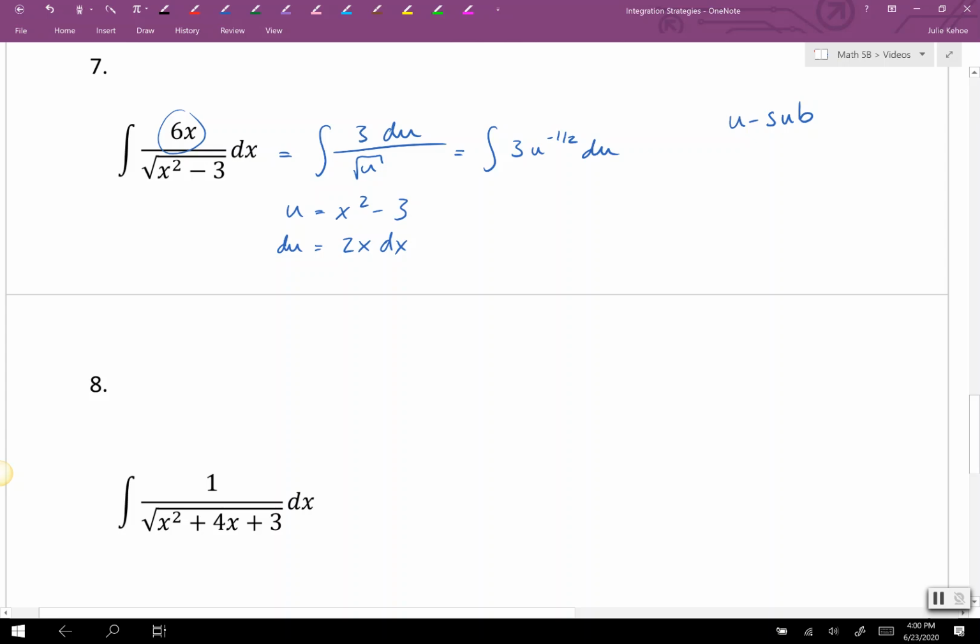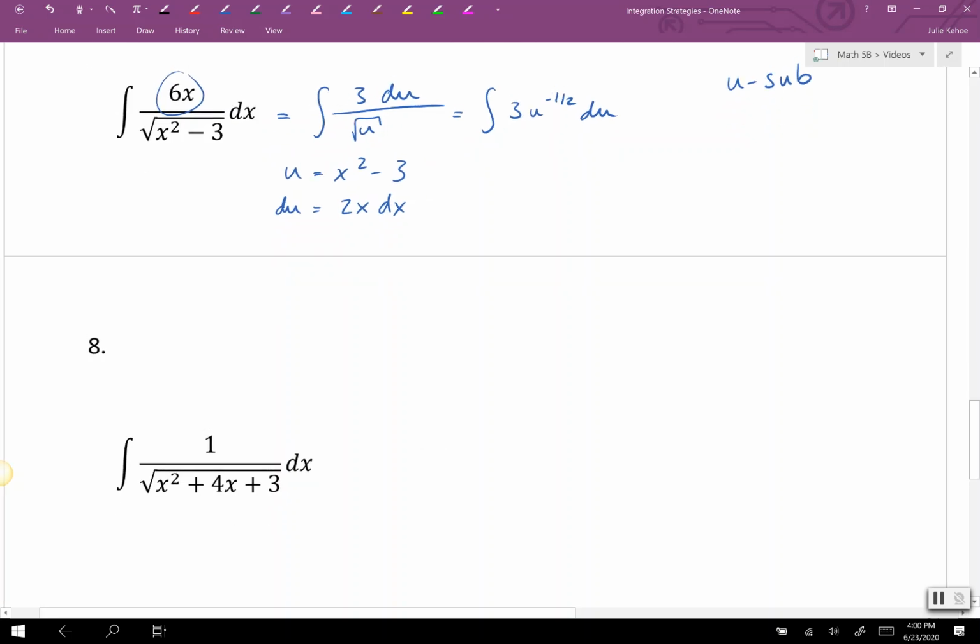Now, just looking at this quadratic, it doesn't factor, so there's no help there. So let's try what we tried a couple of examples ago with completing the square. So I'm going to take this and complete the square on it. So x squared plus 4x. Just like that previous example, I need a plus 4 here in order for that to factor as a perfect square trinomial. I only have 3.